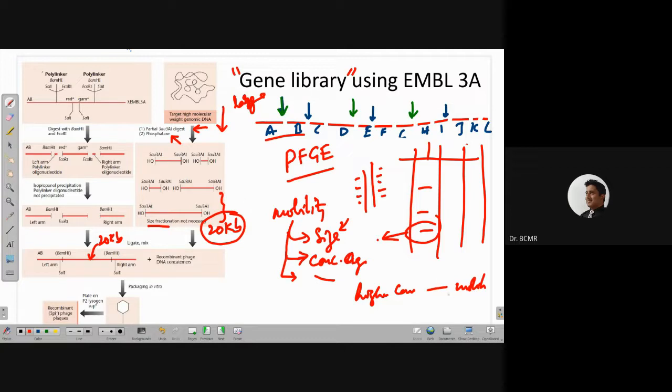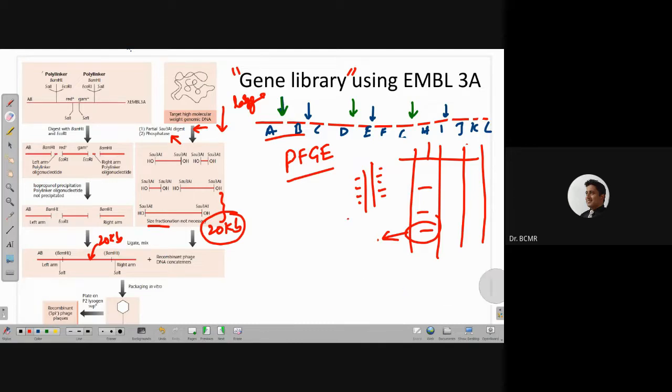In that case, we cannot use the normal one, because the size is very high, so we have to reduce the concentration of agarose. If we reduce it beyond a certain point, it will not form a proper gel, right?